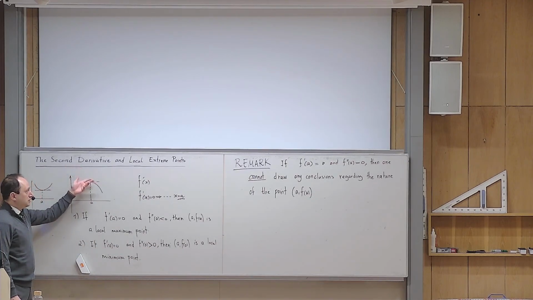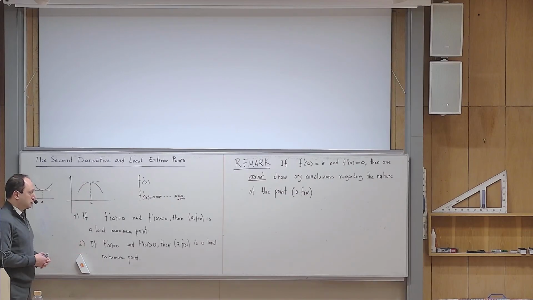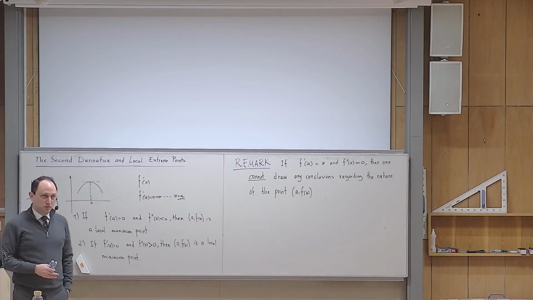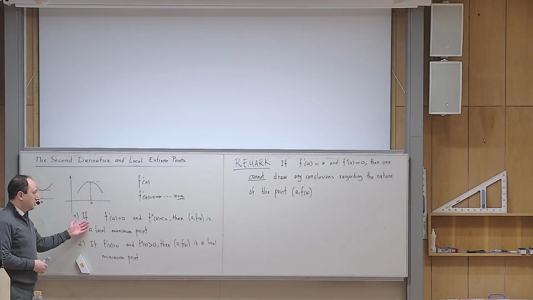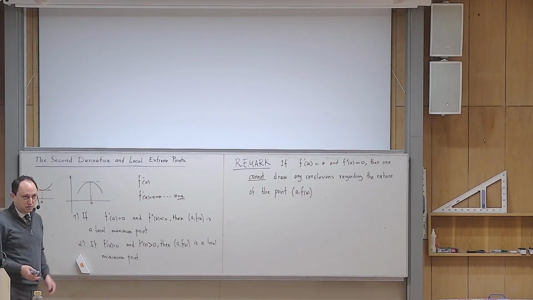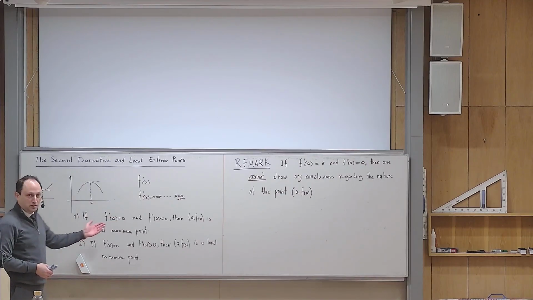By the way, this is called the second derivative test for local extreme points. The other one we had was called the first derivative test. But if it works, it is simpler, because in the previous case you have to set up a table, which is usually a little bit boring. Especially for you in Matrix C, the functions you are dealing with are not hard to differentiate twice, because they are either polynomials or exponentials.